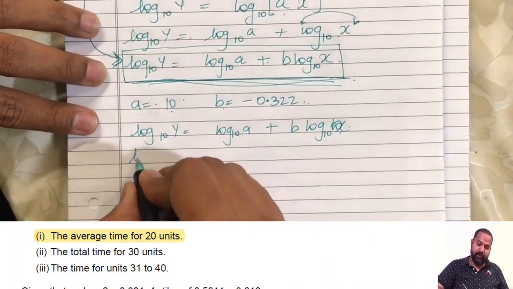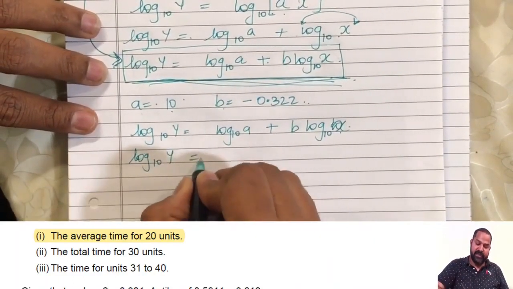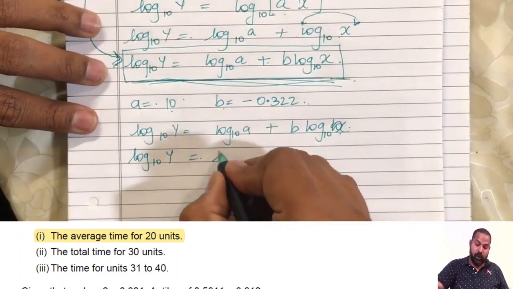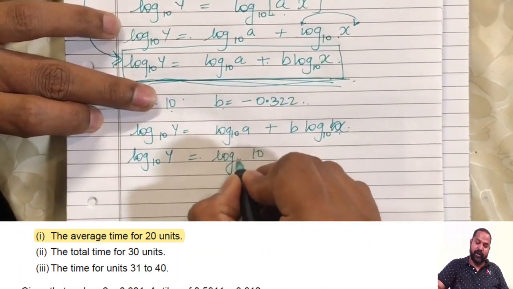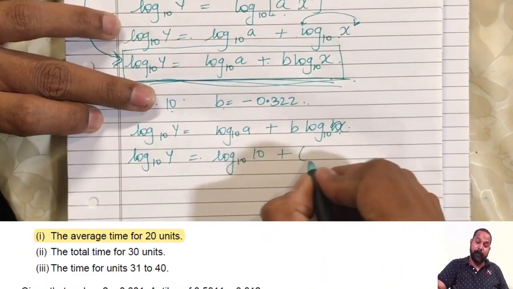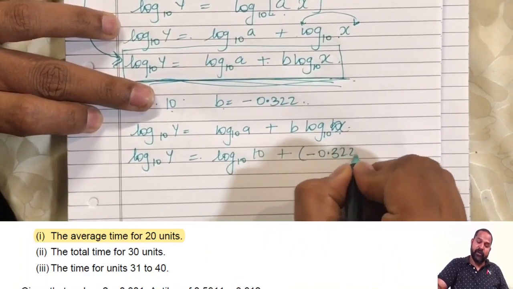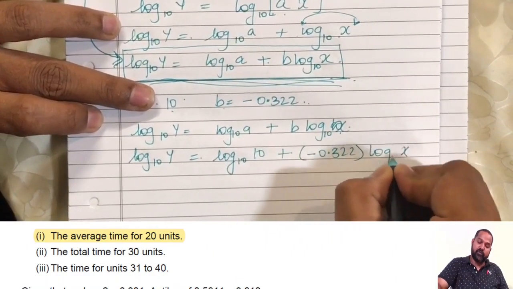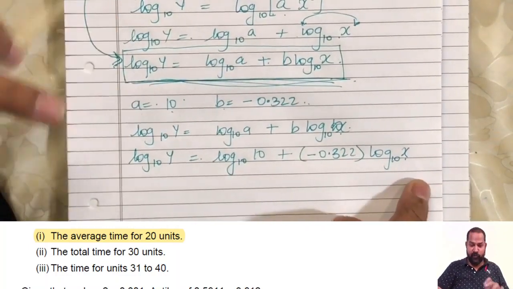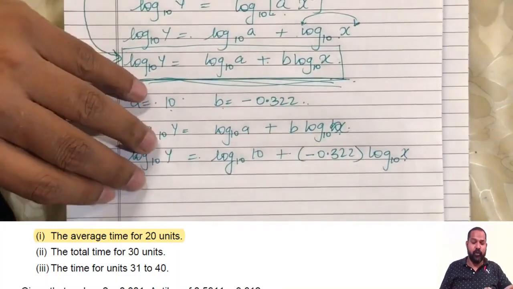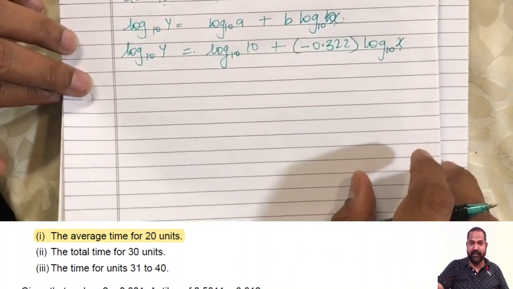Which in the next step becomes log of y to the base 10. Y is a variable. Log of A is a constant value, log 10 to the base 10, plus B, which is minus 0.322 log of x to the base 10. So then for a given value of x, I will find y. Let me do one thing. Let me simplify this and write it a little.